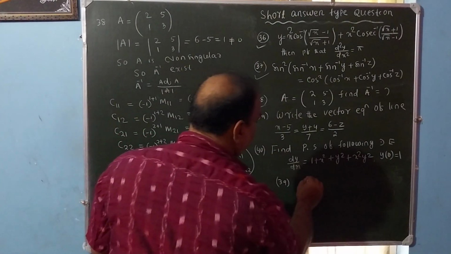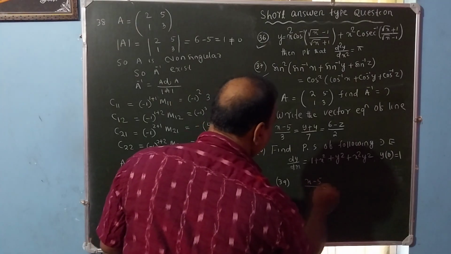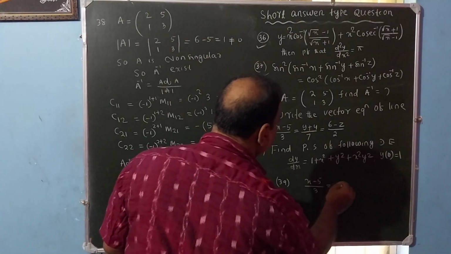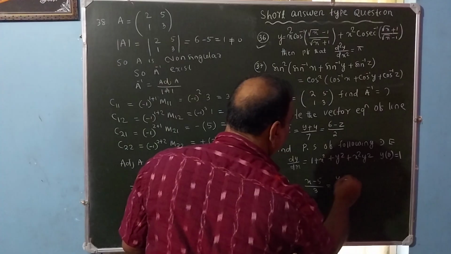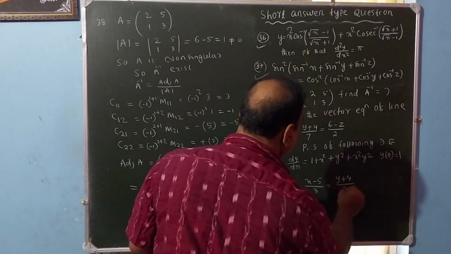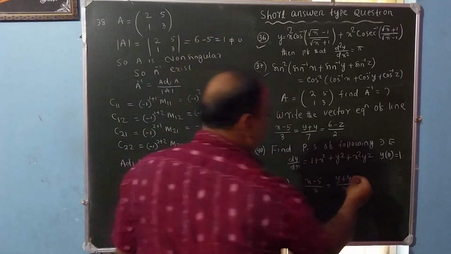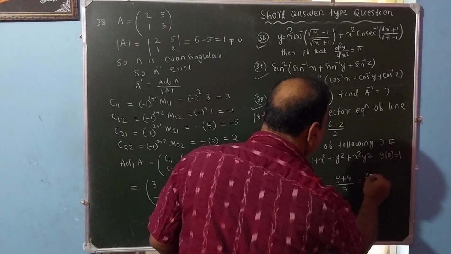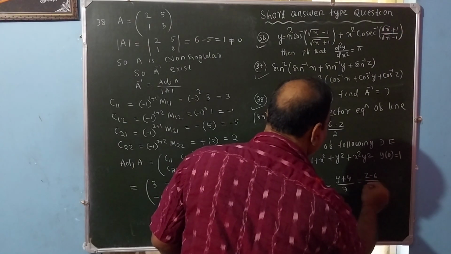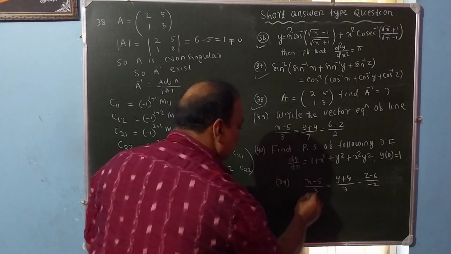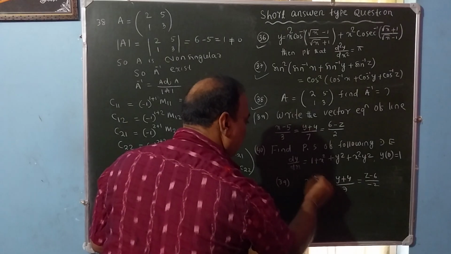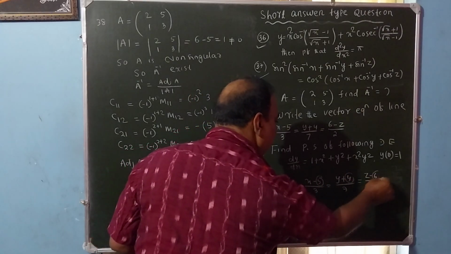So x minus 5 by 3, here it is y plus 4 divided by 7. Taking minus common, we get z minus 6 by minus 2. So x minus x1, y minus y1, z minus z1.